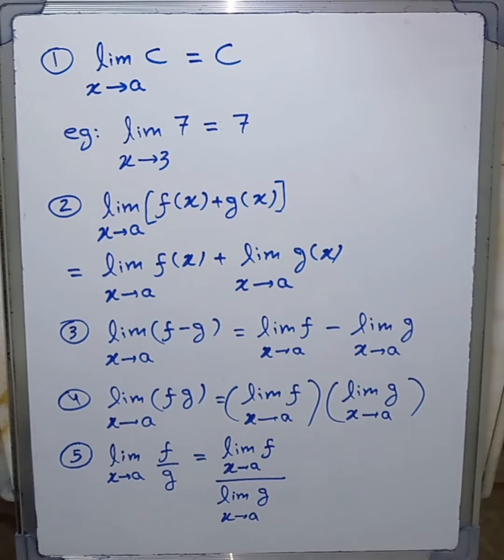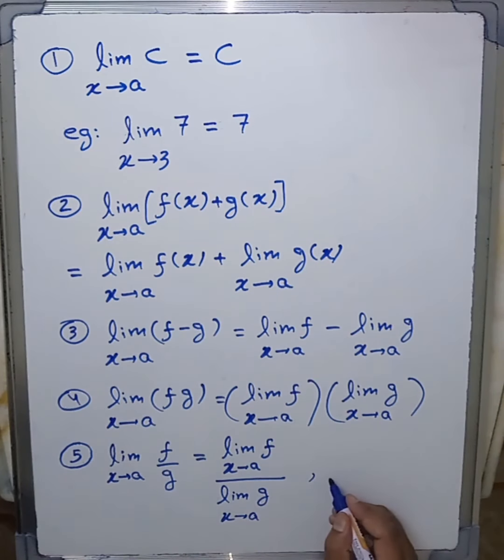But here, because we are dealing with division, we have to be very careful. We know that division by 0 is not defined, and hence in property number 5 we will put one condition, that our denominator should not be equal to 0.